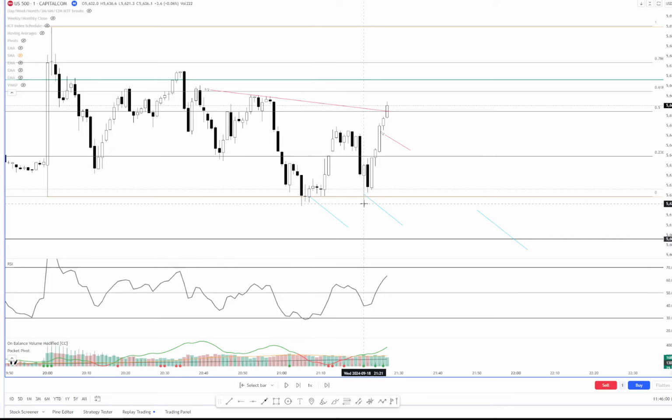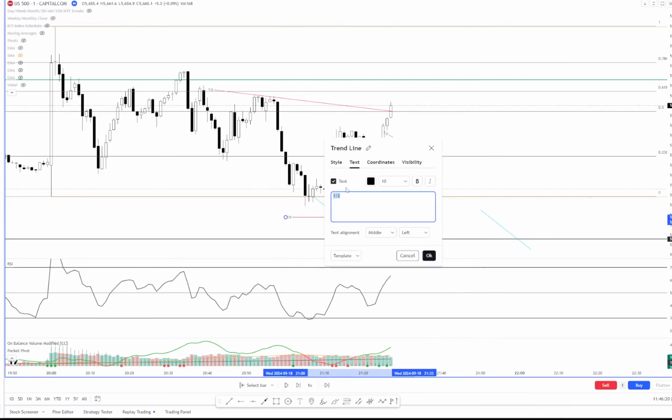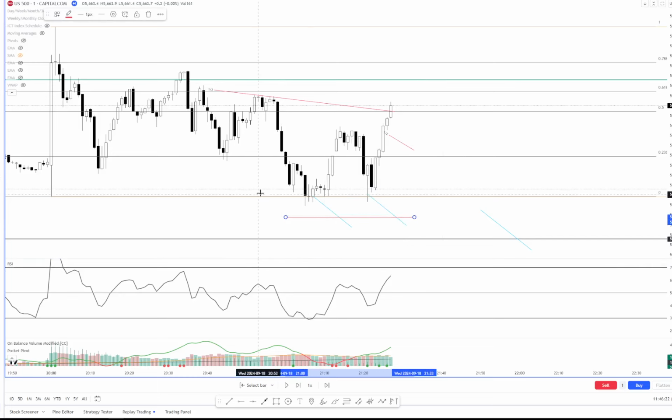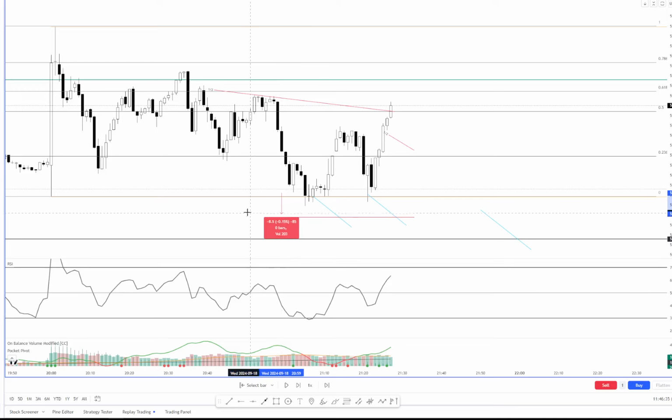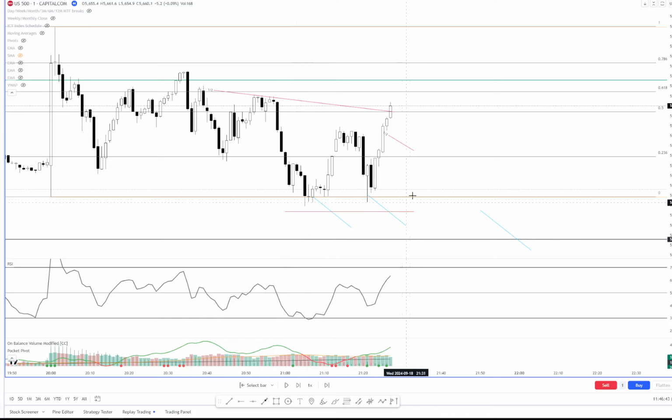You can measure 0.15%. It's a bit difficult to measure actually in TradingView like this. Maybe from here. Oh god. Okay. It's a bit higher. Somewhere around there. Maybe a bit lower than that.